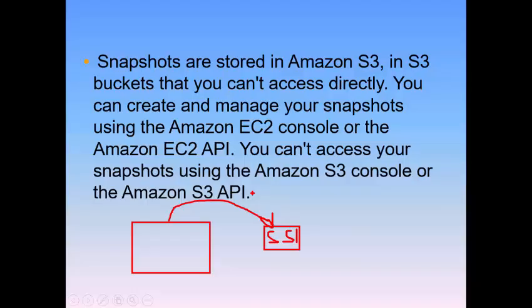You can just go to your EC2 console and check there. I have the backup, but where this backup is, you don't know. If you think you can go to that particular S3 bucket and check how many backups there are, no, that is not possible. That is totally hidden. You cannot access that S3 directly.